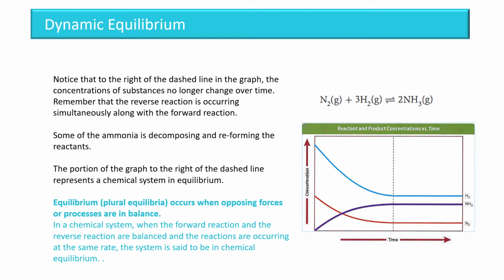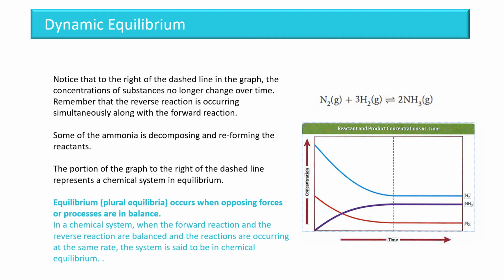Remember that the reverse reaction is occurring simultaneously along with the forward reaction. Some of the ammonia is decomposing and reforming the reactants. The portion of the graph to the right of the dashed line represents a chemical system in equilibrium.